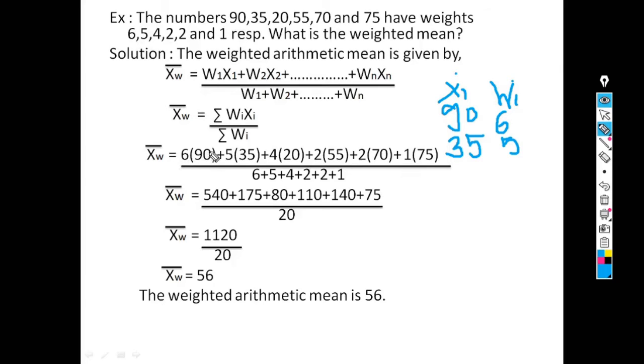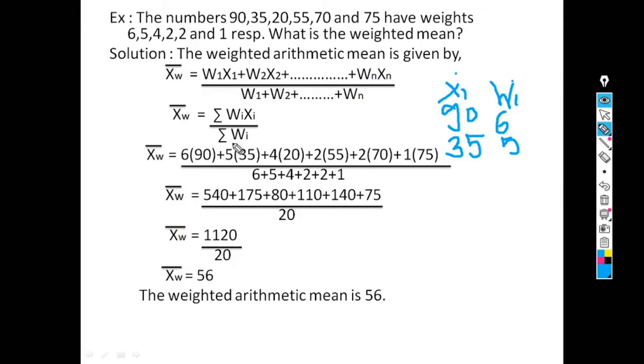So w1 into x1 means 6 into 90 plus w2 into x2 means second weight into second variable, that is 5 into 35. Similarly, up to the last weight, which is 1, and the value of the last variable is 75. So 1 into 75 divided by the sum of all weights, that is 6 plus 5 plus 4 plus 2 plus 2 plus 1.